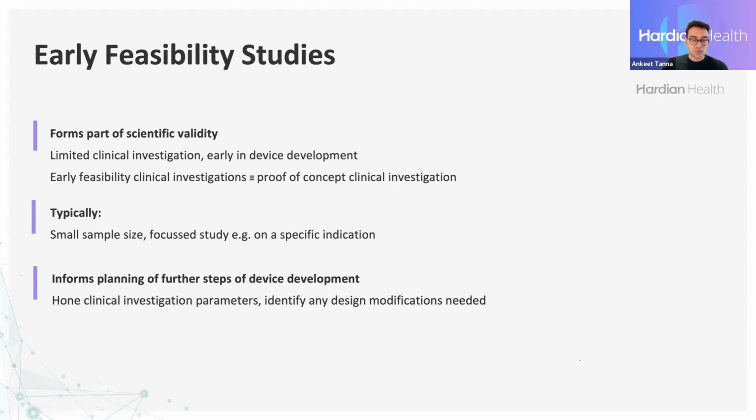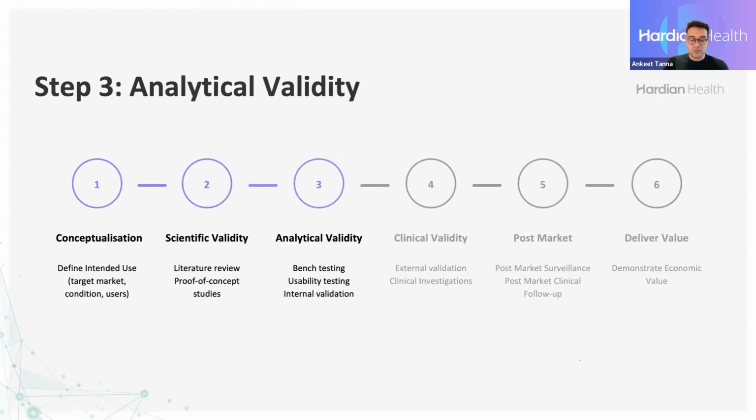So once we've established that there is a valid clinical association or scientific validity, we move on to determining analytical validity. And I'll focus our conversation on software in particular.